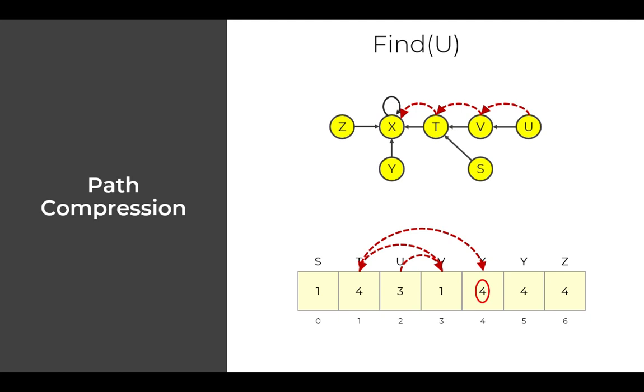And here, if I'm using a recursive function, I will be able to track back my recursive stack and I may be able to change the value. So when I find that root, I know that the root for this component is 4.